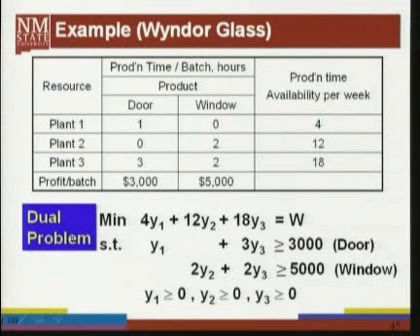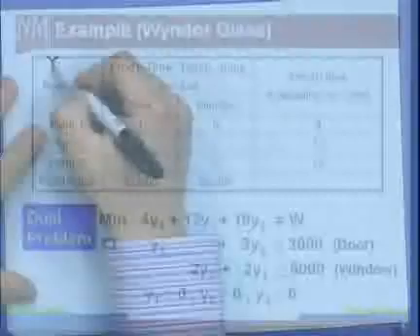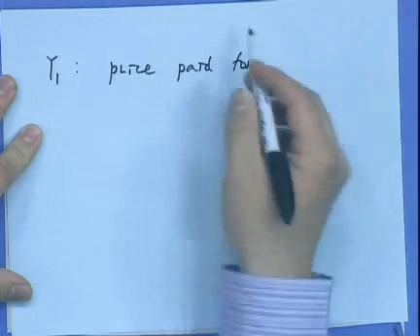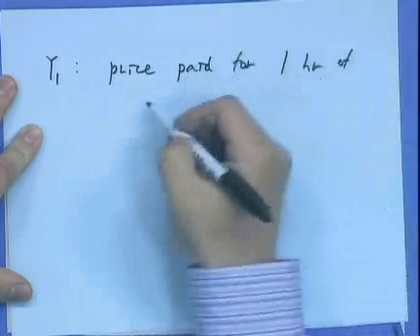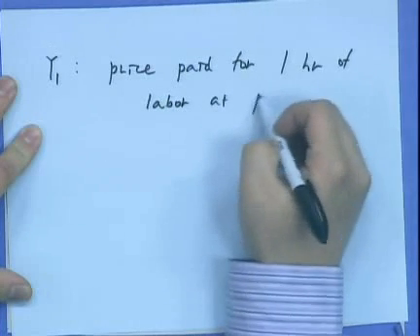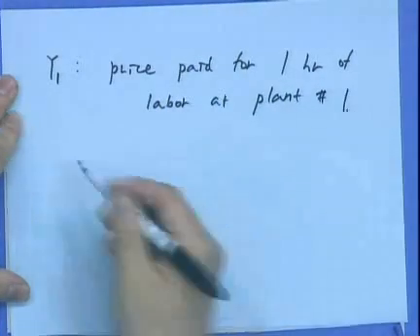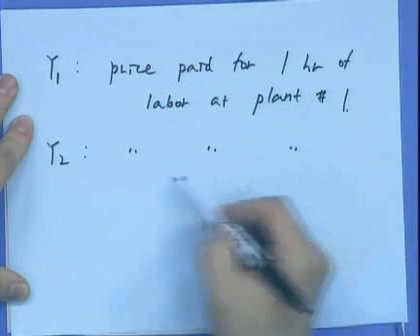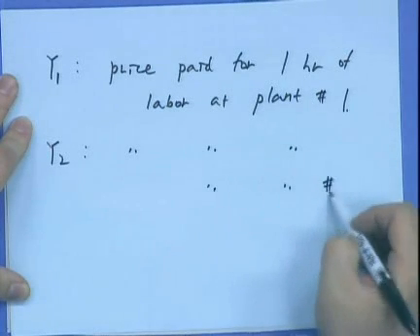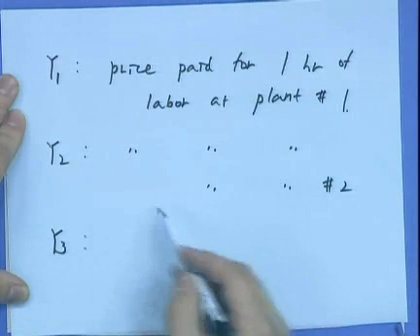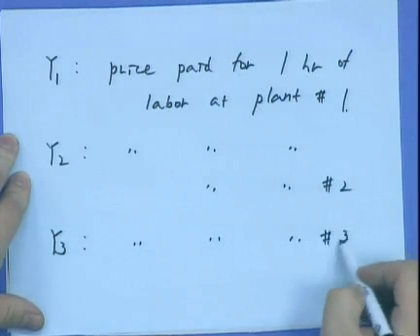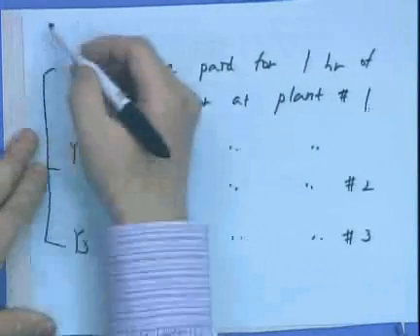To determine these prices, we define the y1 variable, which is the price paid for 1 hour of labor at plant number 1, okay? And the y2 variable is the price paid for 1 hour of labor at plant number 2. Likewise, the y3 variable represents the price paid for 1 hour of labor at plant number 3, okay?